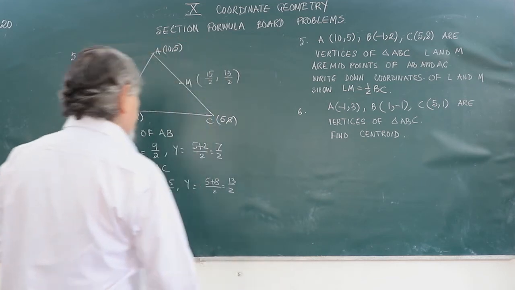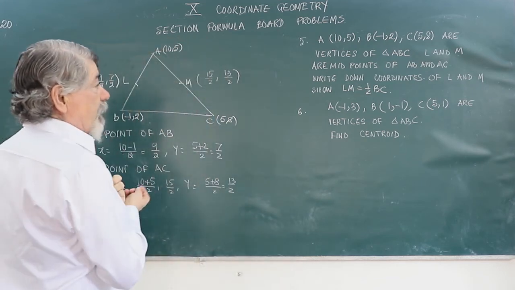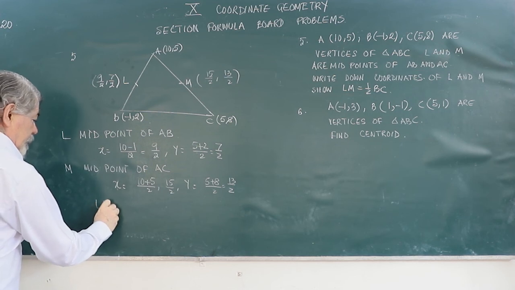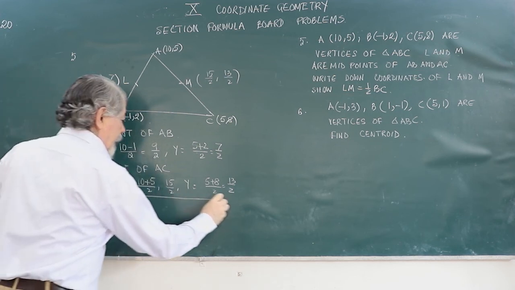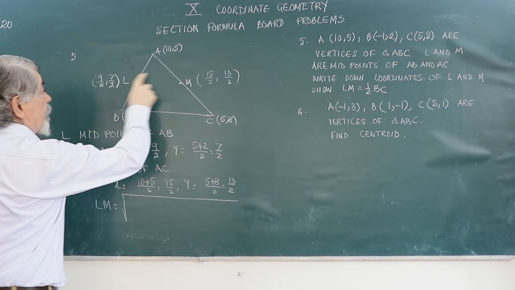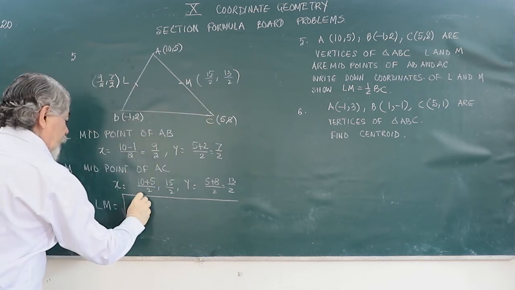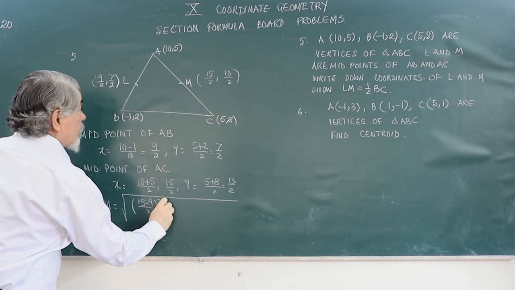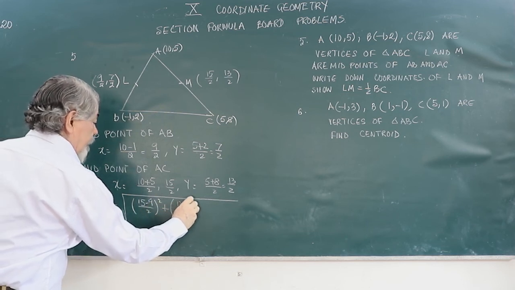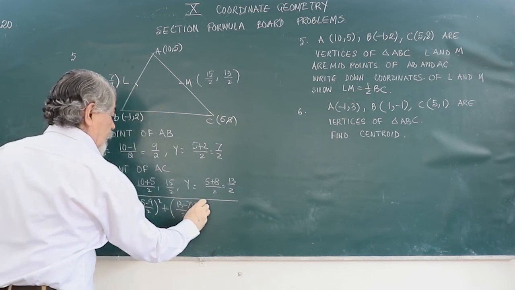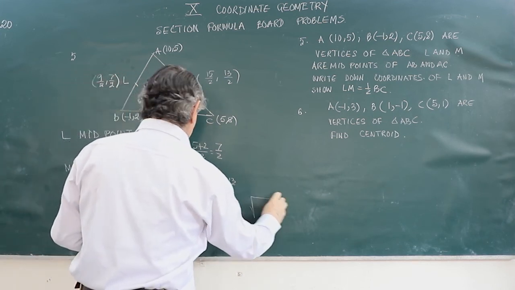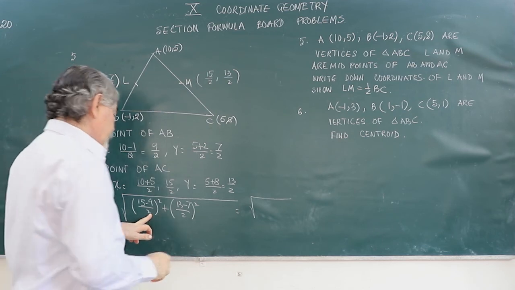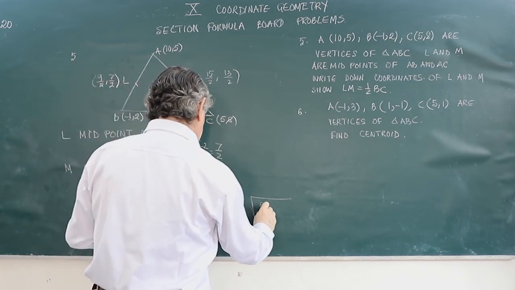Now he wants to calculate LM. He says show that LM is half of BC. Let us calculate LM. LM will be the square root of ((15 minus 9) upon 2) whole square plus ((13 minus 7) upon 2) whole square. 15 minus 9 is 6, 6 upon 2 is 3, 3 whole square is 9.